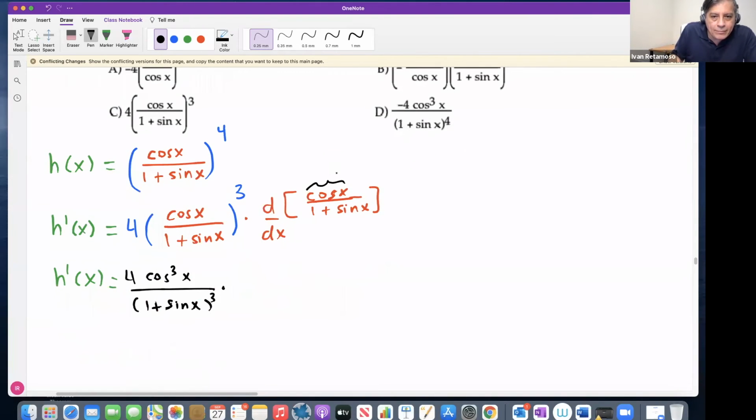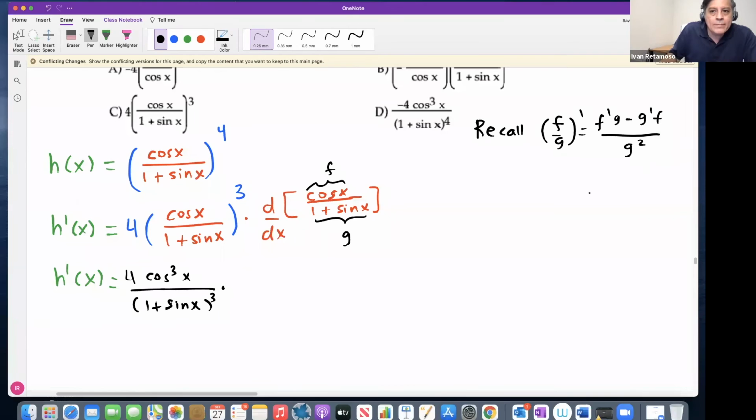Well, let's call this f, let's call this g, and let's apply our quotient rule, right? Recall, derivative of f over g is equal to f prime g minus g prime f over g squared, right? This is the quotient rule. So let's use that quotient rule here.